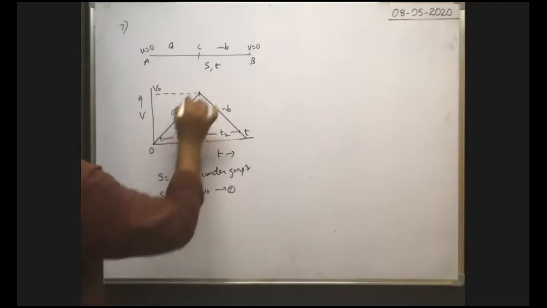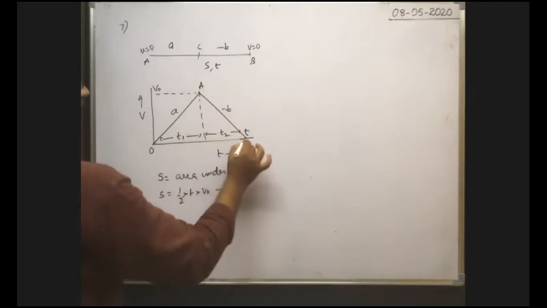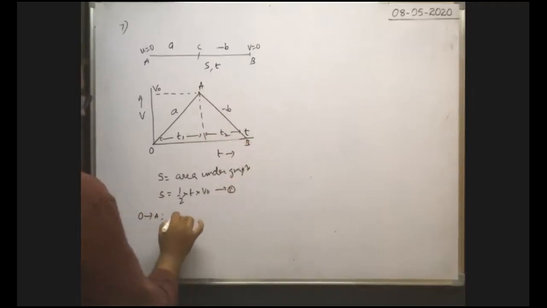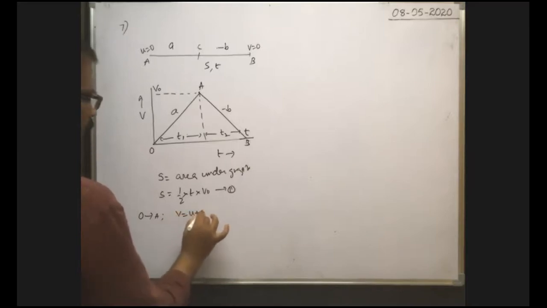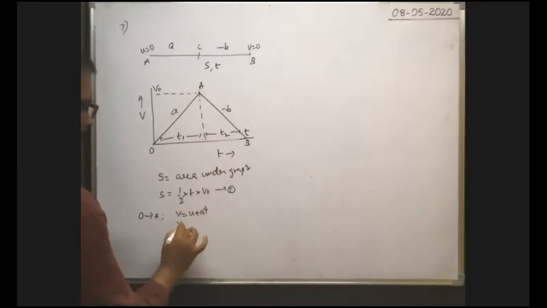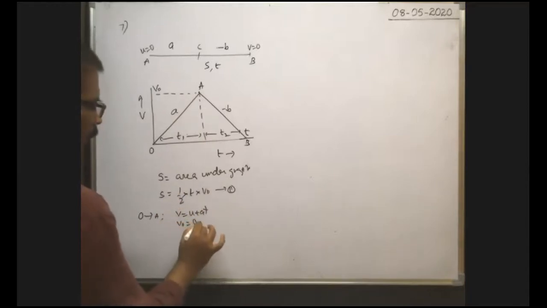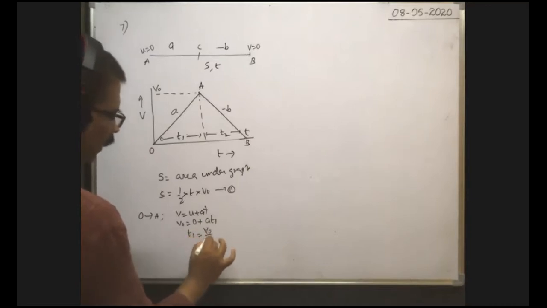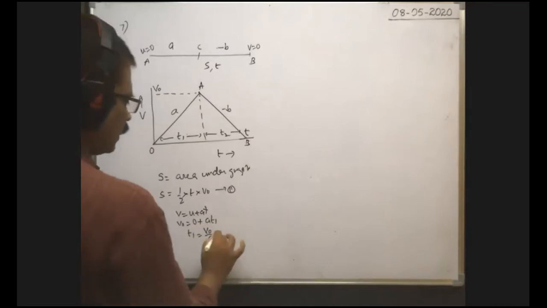When you consider the graph from O to A, then v is equal to u plus at. V means after t1 seconds velocity is v naught, u means 0, plus a into time t1. Therefore t1 is equal to v naught by a, no? This is equation 2.